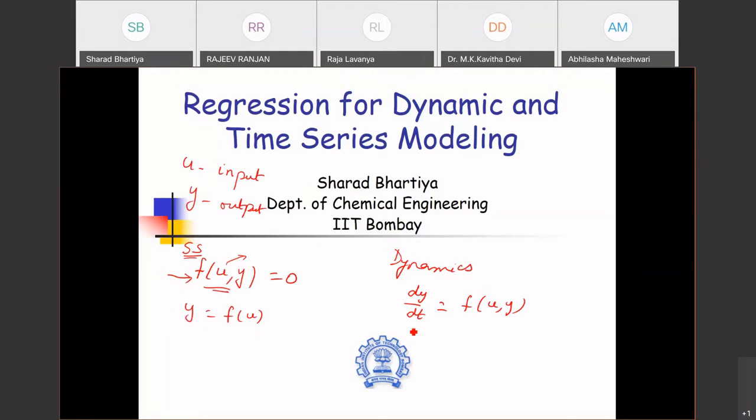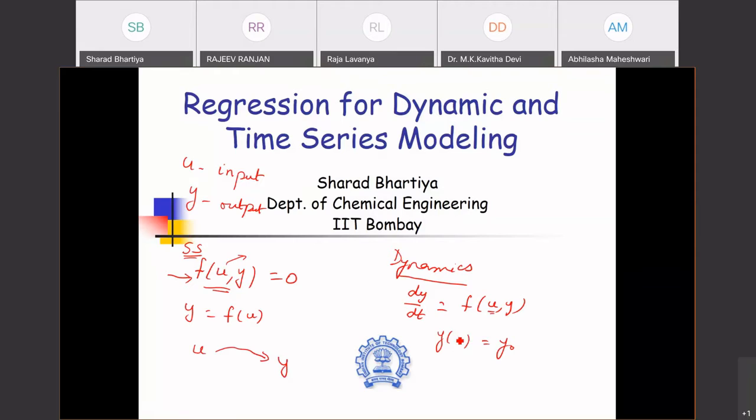But in the dynamics case, you have not only your input u affecting the time trajectory of y, but also an initial condition, that y at t equal to 0 is some initial condition like y0. Assuming that this is a map, for every u you have an f that gives you a y.